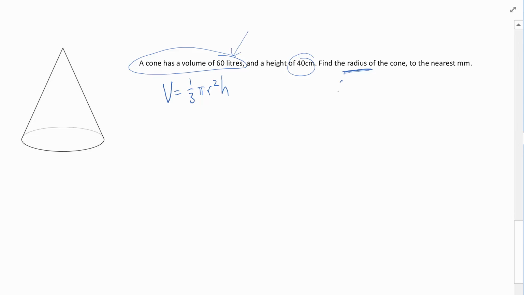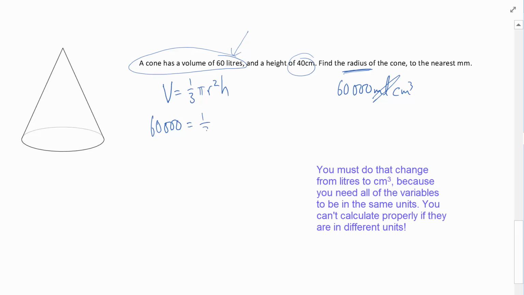So obviously 60 liters would be 60,000 milliliters, which would therefore have to be the same as 60,000 cubic centimeters. So we've got volume is 60,000 cubic centimeters equals 1/3 pi r squared, and height we have as 40.